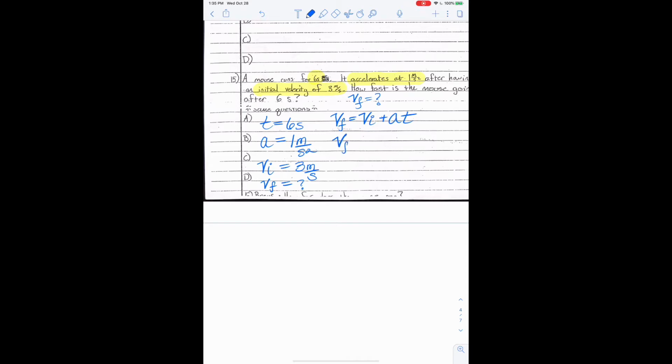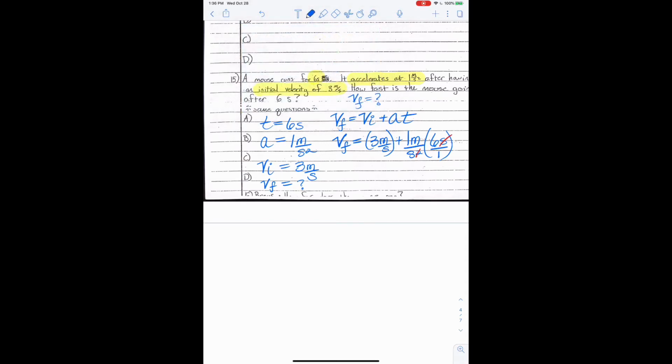VF we don't know, so I'm just going to rewrite that. VI is equal to 3 meters per second. The acceleration is 1 meter per second squared, and we're multiplying that by our time of 6 seconds. This is over 1, by the way. All right, so I'm going to grab the red marker here and cancel off one of these seconds with this second on top, and that's going to give me meters per second over there.